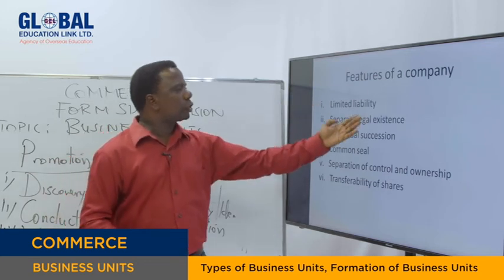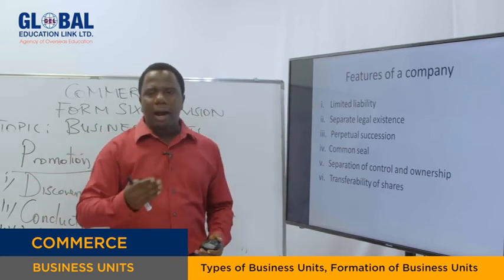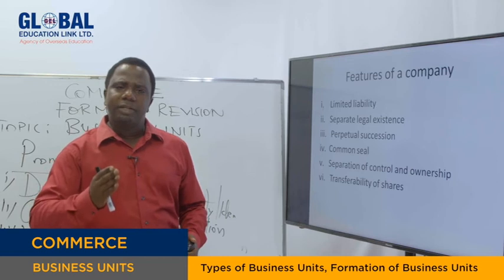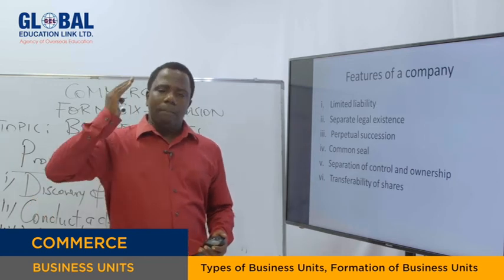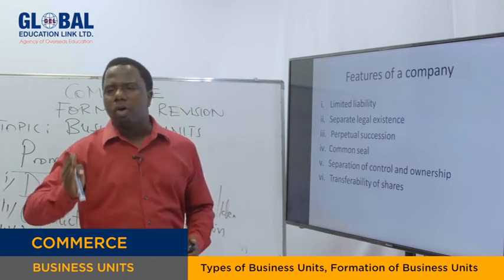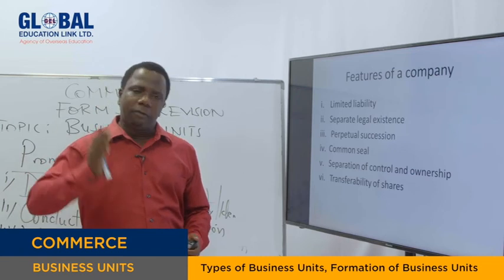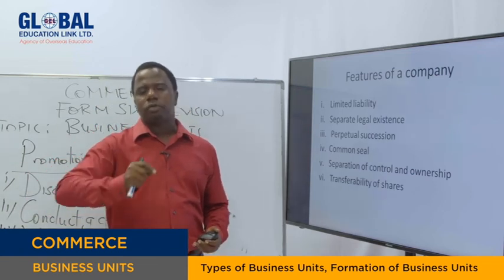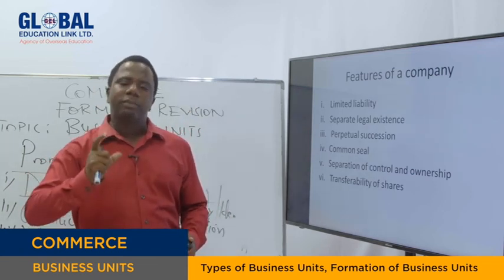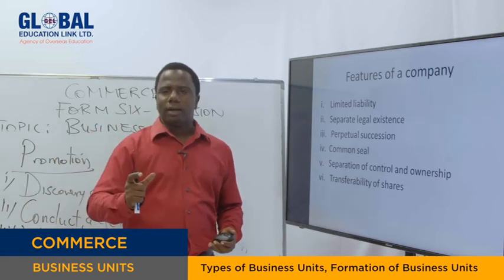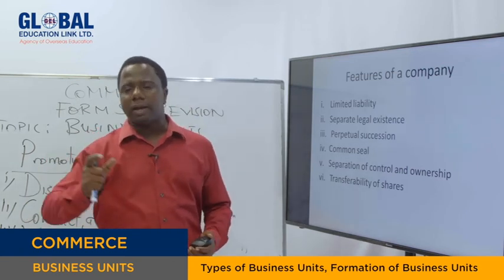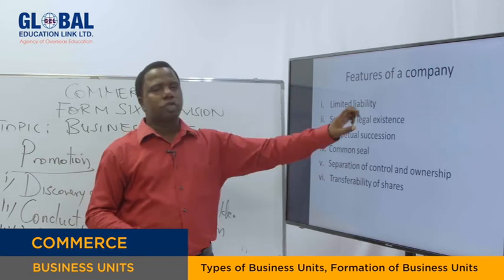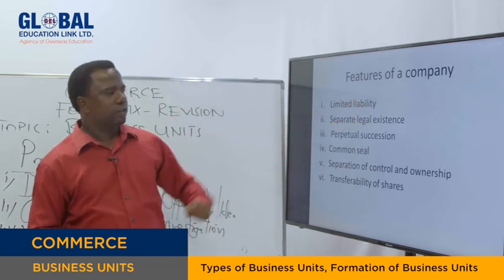Limited liability shows that a company is of limited liability, meaning that personal property will not be involved in case of liability of the company. So liability is limited to the amount of shares members own in the company, or the amount guaranteed.